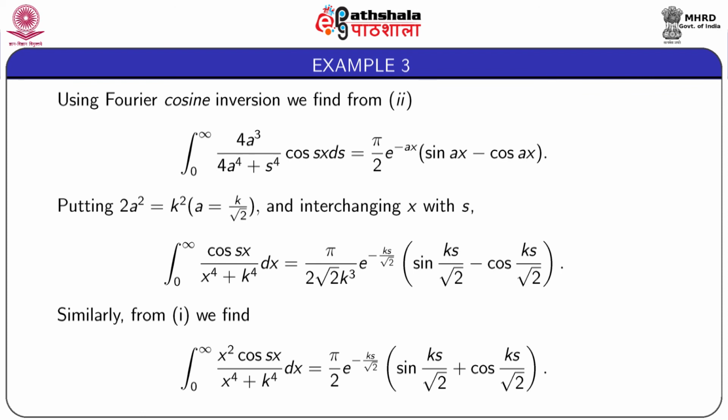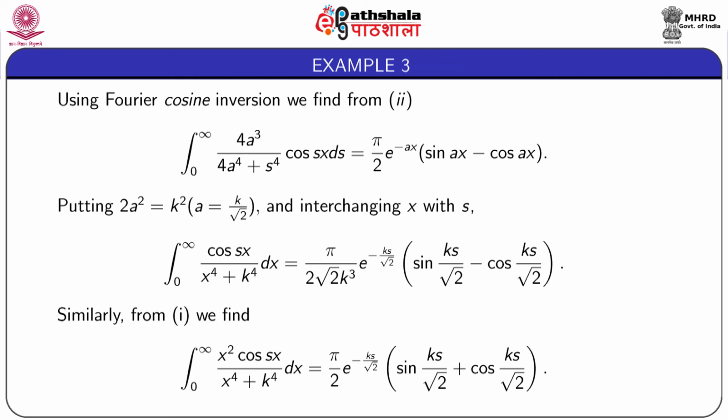Now, we substitute 2a square equal to k square, where a is equal to k by root 2, k is another constant, and interchange x with s. So, we get the left hand side as the integral from 0 to infinity cos sx dx divided by x^4 plus k^4, equal to pi by 2 root 2 k cube into e to the power minus ks by root 2 into sine ks by root 2 minus cos ks by root 2.